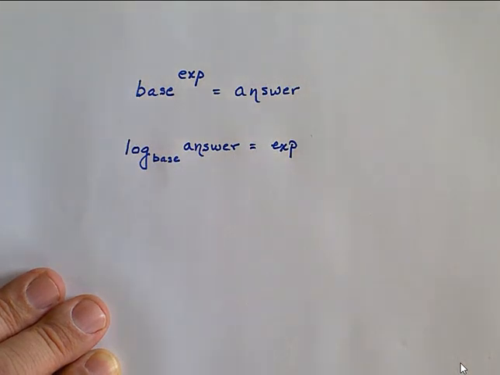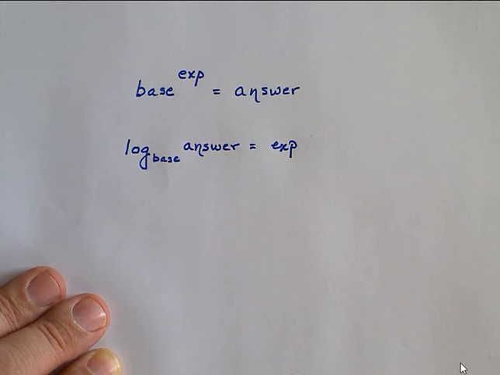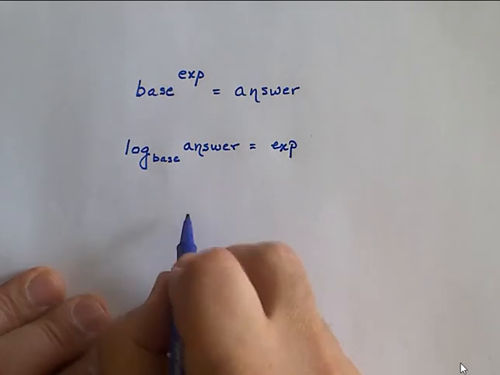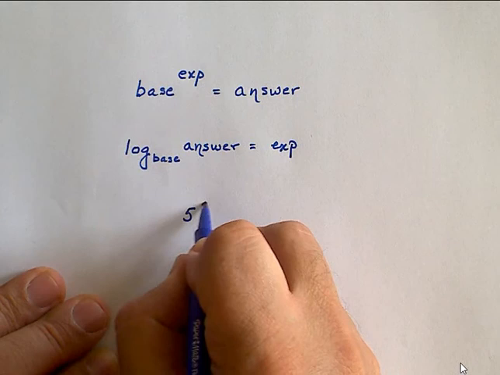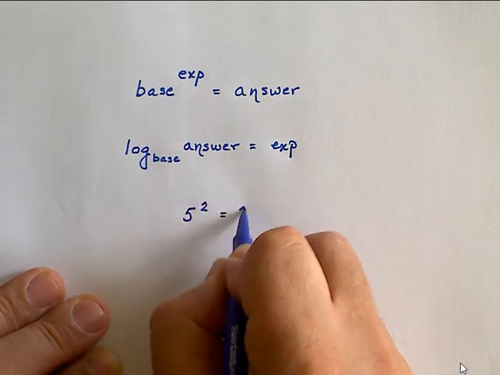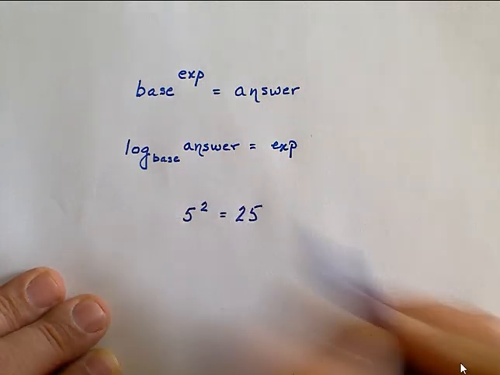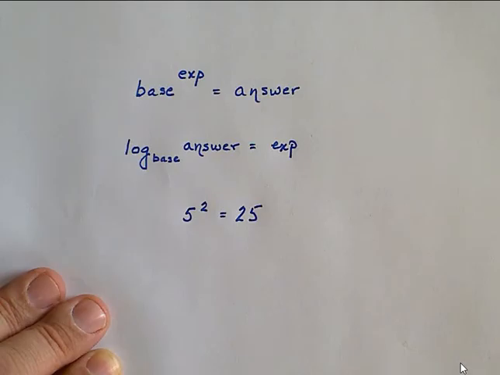So jumping from one form to another creates no new information, doesn't require any new information. All we do is either include or exclude the word log and then move those other values around. So for example, let's take a problem we know to be true. If I know 5 squared equals 25, that is an equation in exponential form.